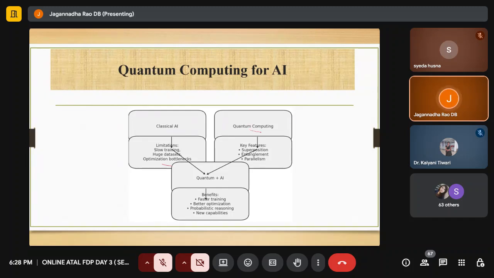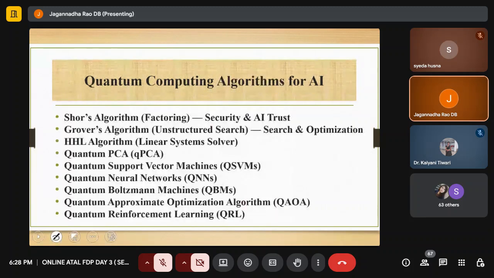With quantum computing, the key features we already discussed are superposition, entanglement, and parallelism. But if you go for quantum computing plus AI, then it is faster in training, with better optimization, probabilistic reasoning, and new capabilities. These are all possible.